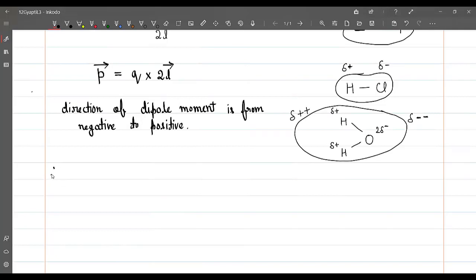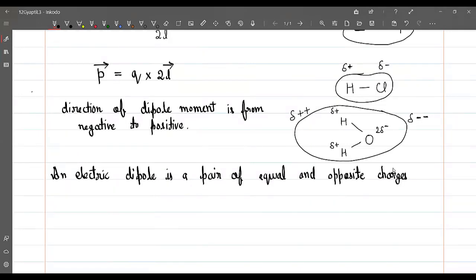I'll define an electric dipole is a pair of equal and opposite point charges, which are separated by a short distance. Now, this is the definition of electric dipole.